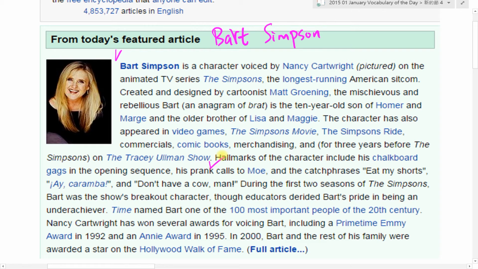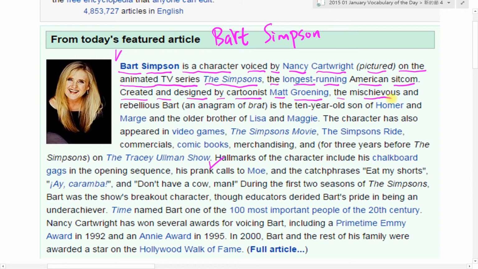好，最后一遍我们会慢慢念，请各位同学跟老师念。Bart Simpson is a character voiced by Nancy Cartwright, pictured on the animated TV series The Simpsons, the longest-running American sitcom, created and designed by cartoonist Matt Groening.